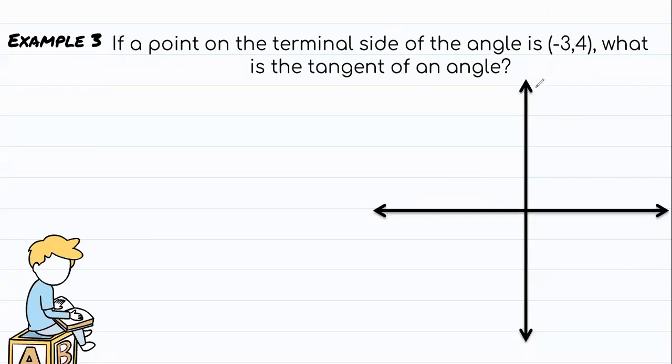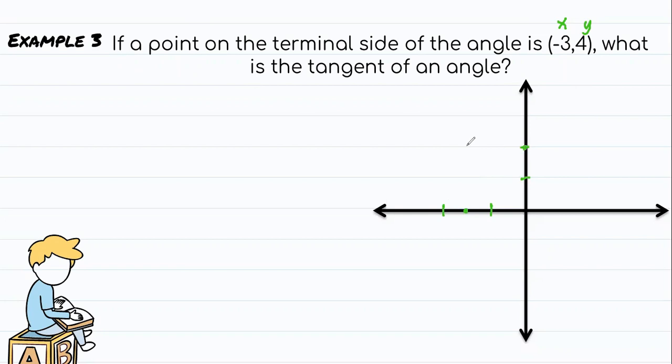We have the value of x as negative 3 and the value of y as positive 4. So we have our x as negative 3, and we have positive 4.